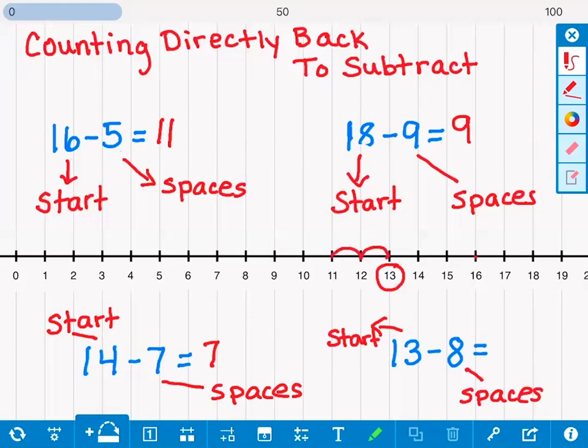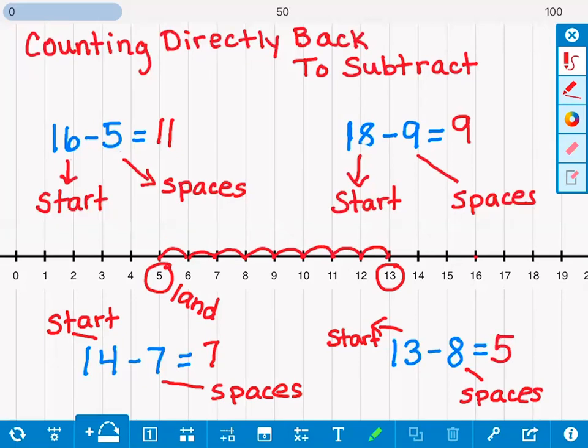1, 2, 3, 4, 5, 6, 7, and 8. And I land on 5. And where you land is the difference or the answer. So 13 minus 8 equals 5.